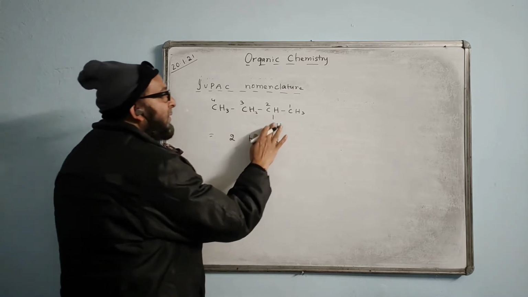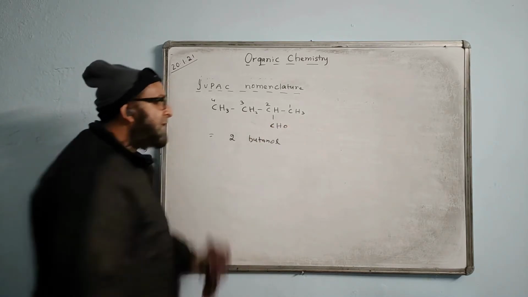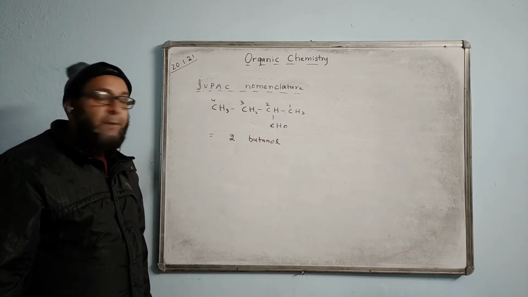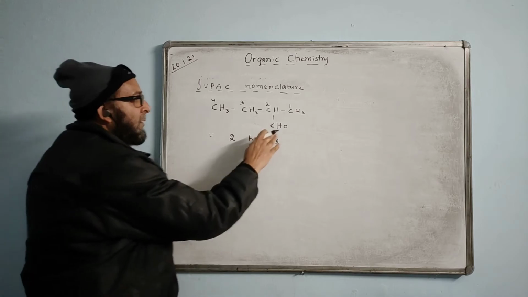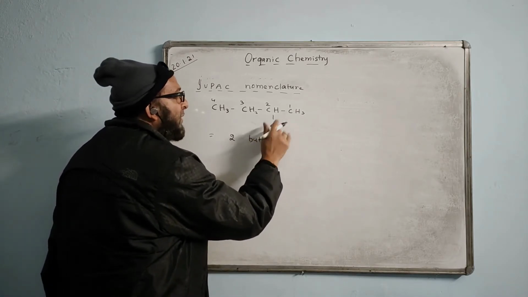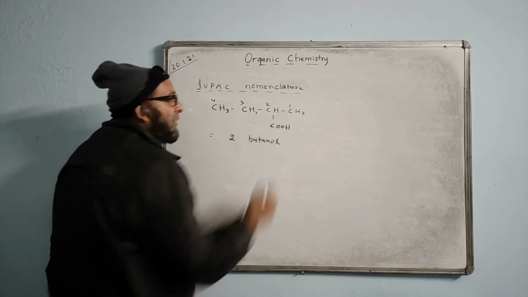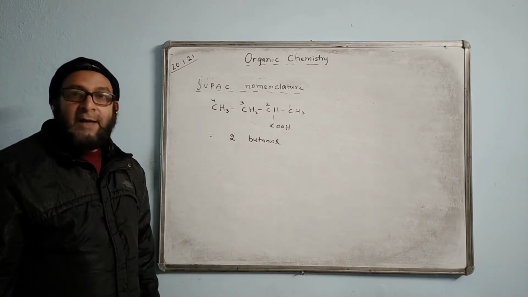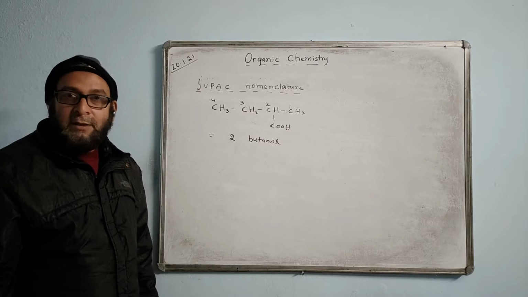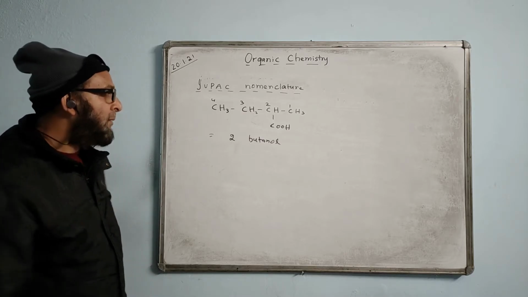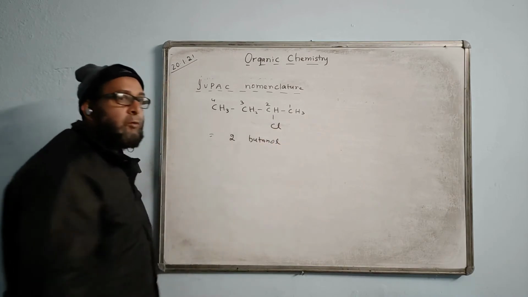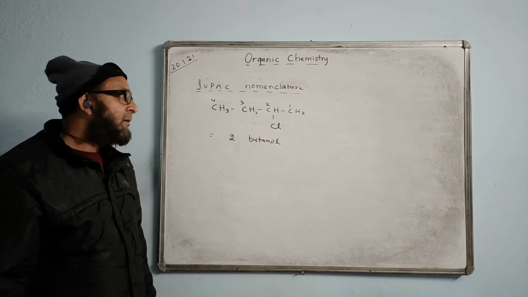Instead of OH, if they write CHO here, how do you read it? 2-butanal, yes, that will be aldehyde. If it is written COOH here, what do you call it? 2-butanoic acid. If instead of this is written Cl, chloride, how do you write it?